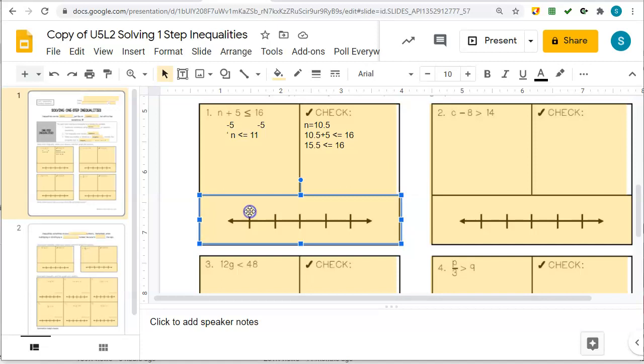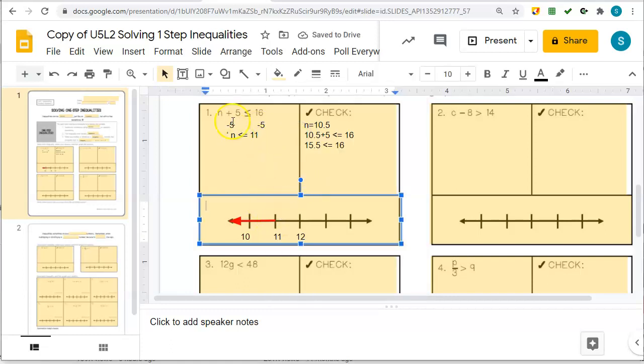So let's make one of these 11. Let's start with, say, we'll put 10 here, 11 here, 12 here. Alright. Then we can use our arrow tool to draw. And I'm going to make that a bolder arrow, so it's bigger and easier to see. I'm also going to change the color, so it's a little easier to see.